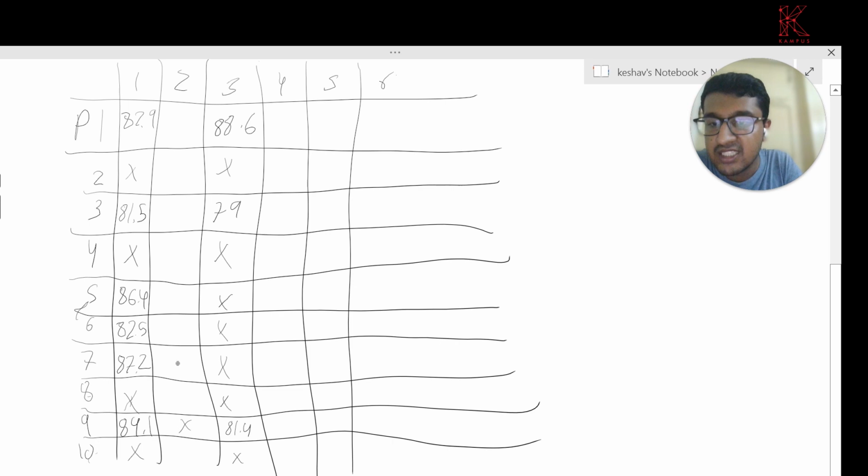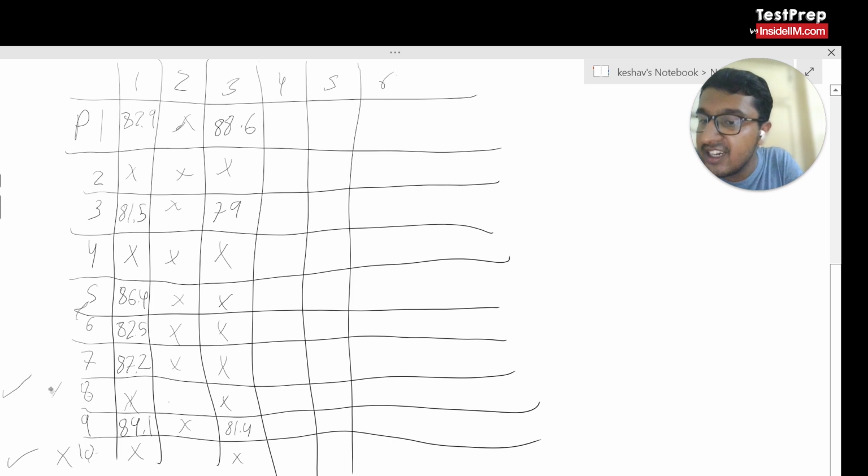So the others must have scored 0. The others were invalid. I'm just going to mark those. And I know for a fact that both of them went to the second phase, and they didn't win any medal. So this is for round 2, and this is for the medals.